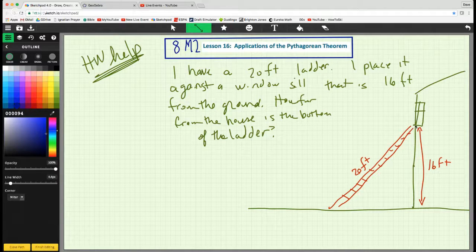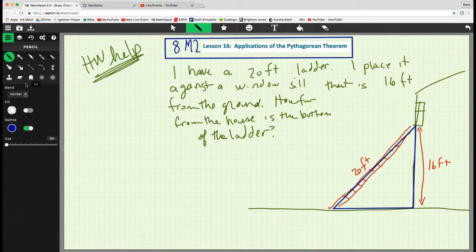Well, let's draw our triangle. I'm assuming you've paused and you've thought about it. So here's our magic triangle. Here's our right angle, so there is our hypotenuse.